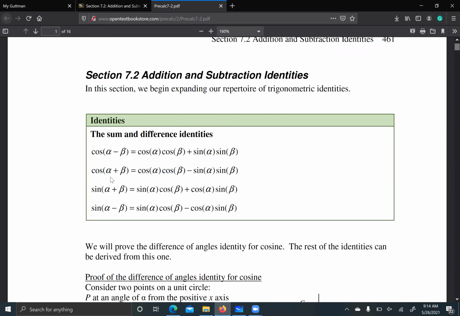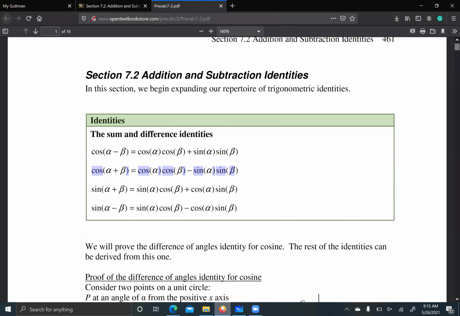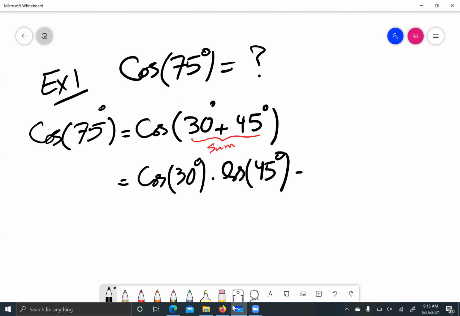If you have cosine of the summation, it is the same as the product of the cosines of those two angles minus the product of the sines of those two angles. So this is going to be cosine of 30 times cosine of 45, minus sine of 30 times sine of 45.